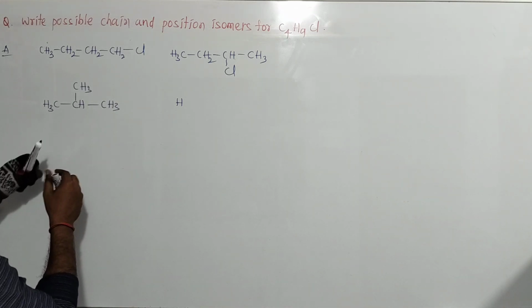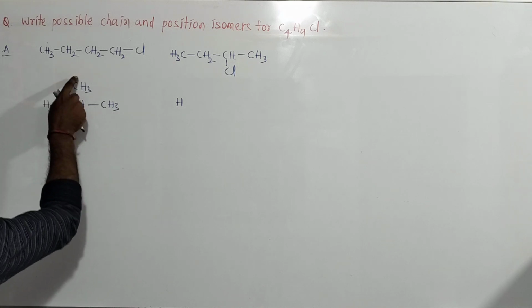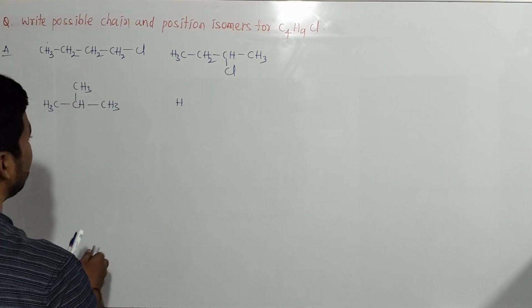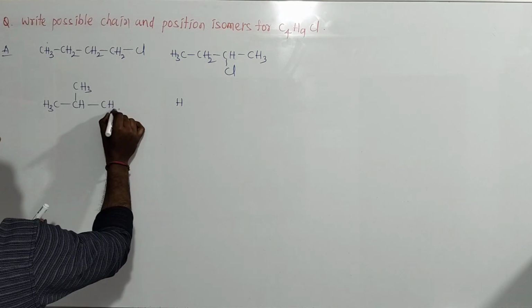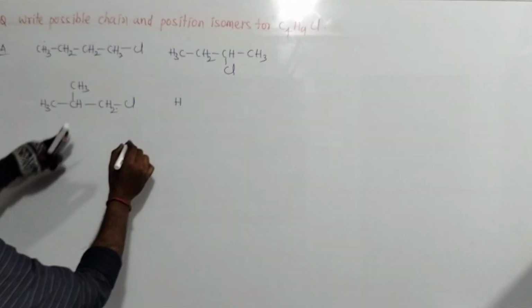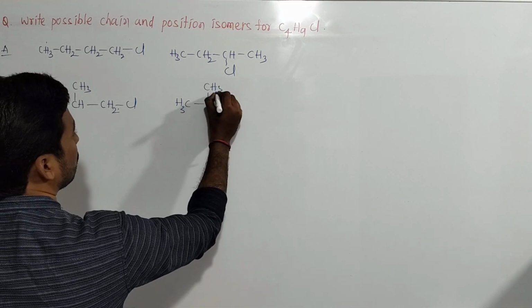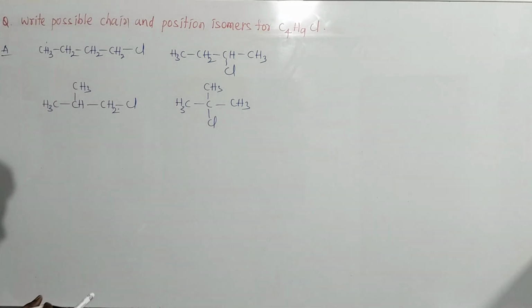For isobutane, there are 2 types of hydrogen. These all are one type, A type of hydrogen, and this is B type of hydrogen. First remove any one A type of hydrogen and take chlorine. Now remove B type of hydrogen and take chlorine. Thus how many chain and position isomers are possible?